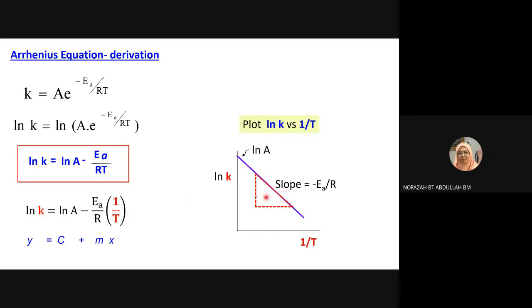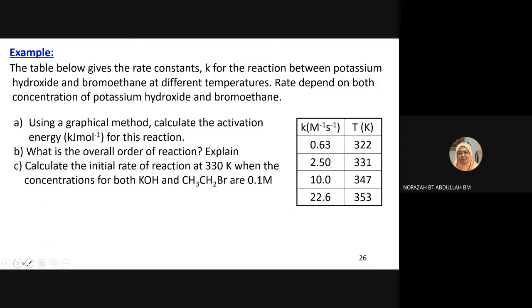Jadi, sekiranya kamu diberi beberapa nilai k dan temperature tu kena convert dalam Kelvin. Jadi kamu plotlah. Sekiranya diberi k dan temperature, kamu kena cari ln k dululah ya, ln k dan juga 1 over T untuk kamu lukis relationship between ln k dengan 1 over T. Persamaan garis lurus. Okay, ini ada data di mana kamu diberikan nilai k dan temperature.